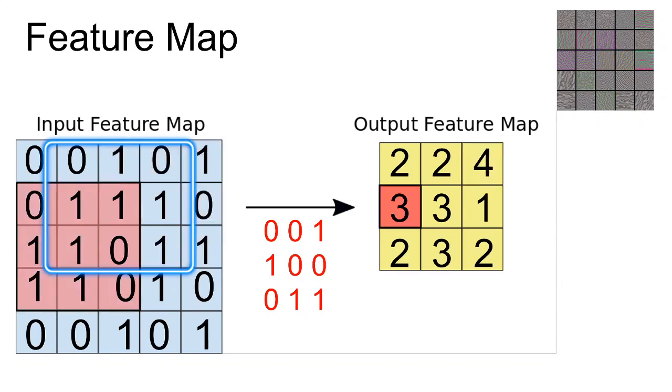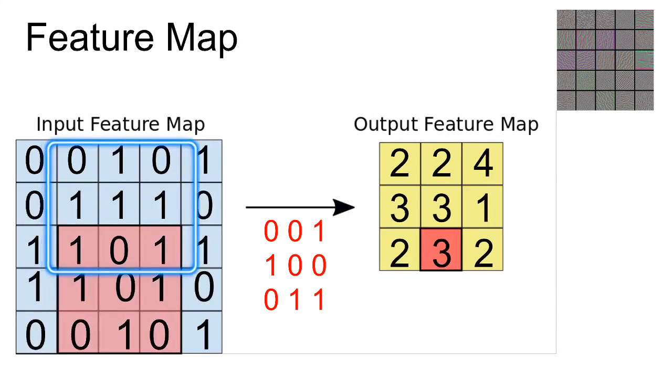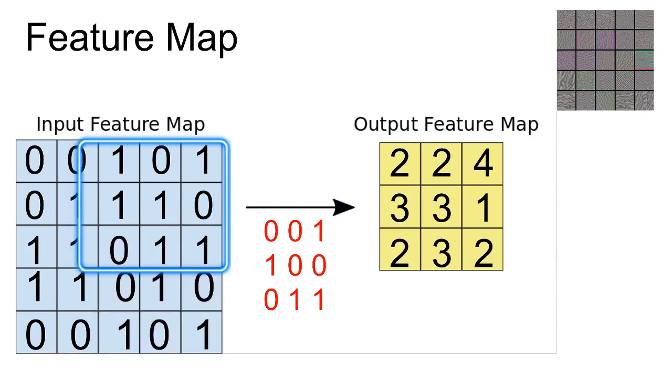Here in the middle row the one in the left corner matches, and in the last row the one in the right corner matches. So again we have two matching elements, so in the output feature map we have two. Again let us move it. Now let's see, the one in the top row matches, the one in the second row on the left side matches, and the other two ones on the bottom row match.